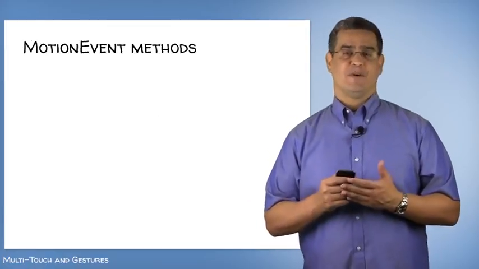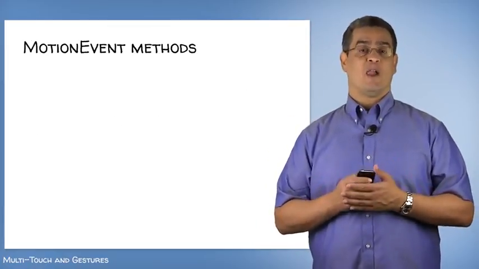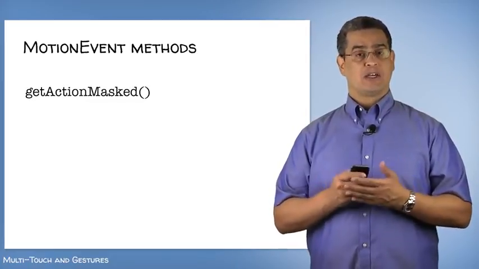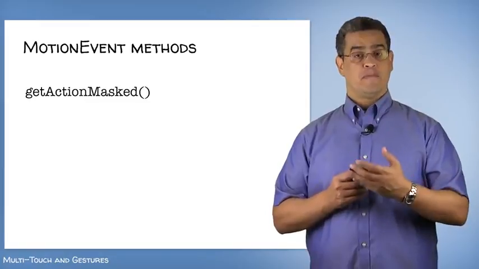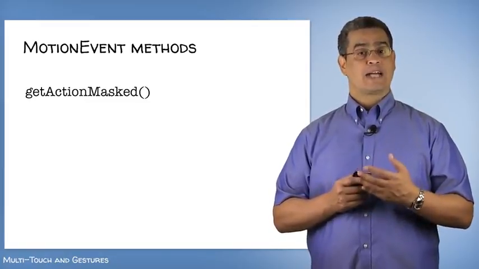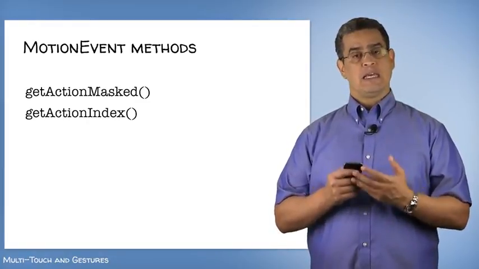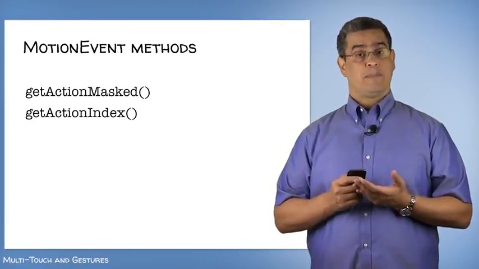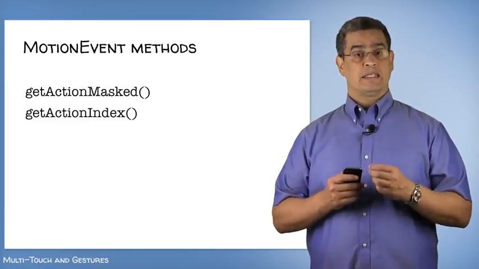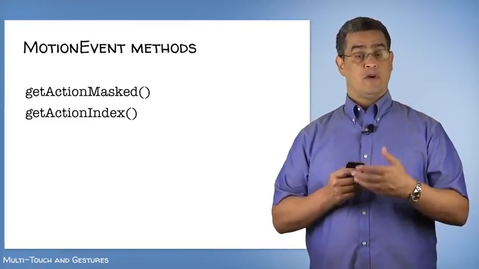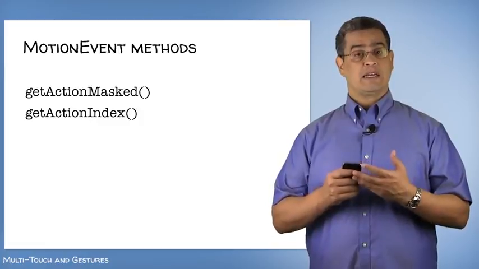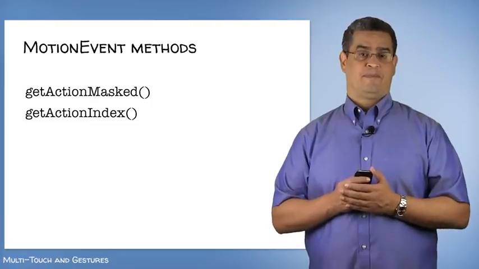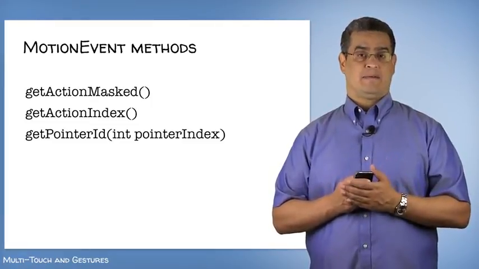When you need to process motion events, you can use some of the following methods. getActionMasked, which returns the action code associated with the motion event. getActionIndex, which returns the index of the pointer associated with this action code. For example, if the action code is ACTION_POINTER_DOWN, then you can use this method to find the index of the particular pointer that has just touched down. getPointerId.